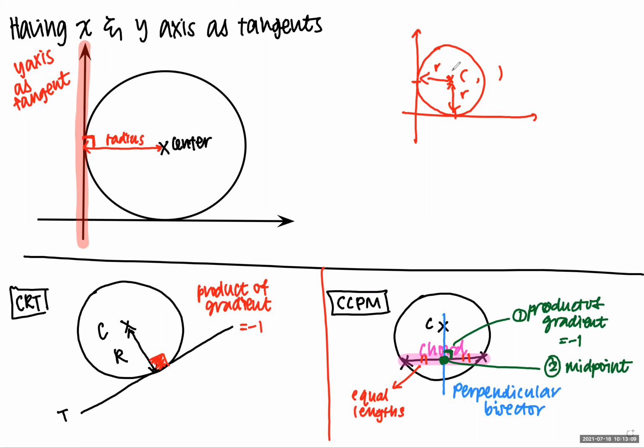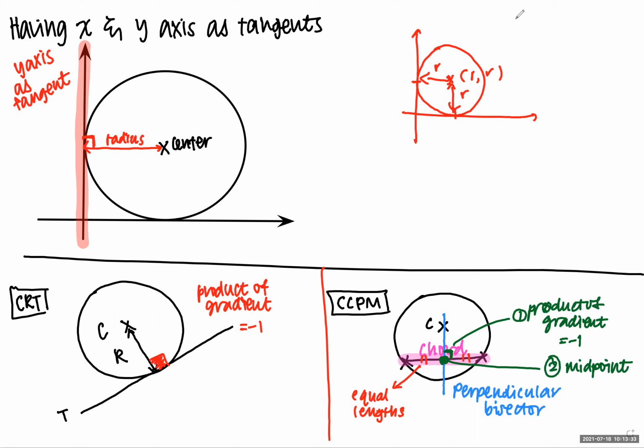What would the coordinate of my center be? Yes, R comma R. You understand now? So in a scenario where your teacher tells you X and Y axis as tangent, it means this circle is touching both X and Y axis, so your center is (R, R). Okay? You understand now?